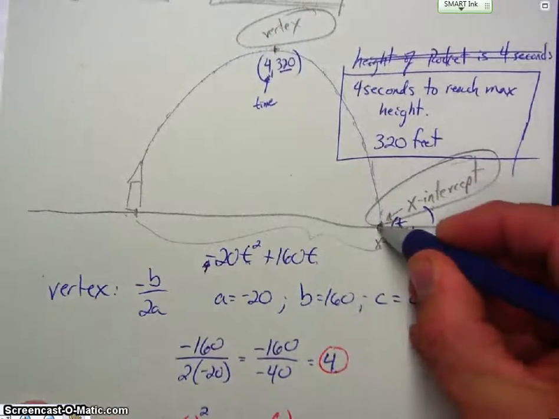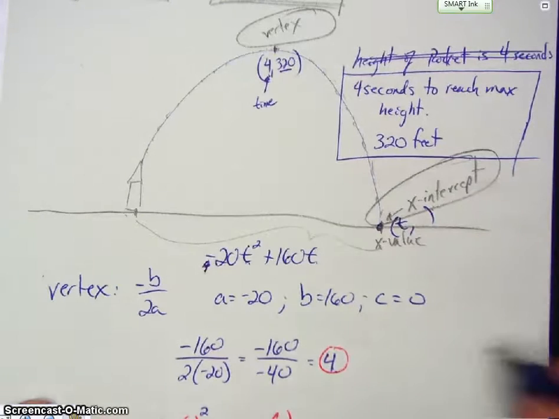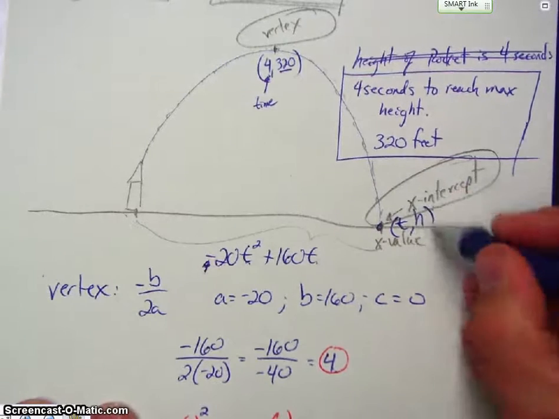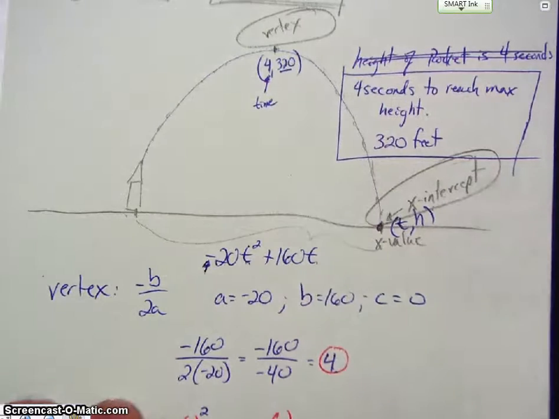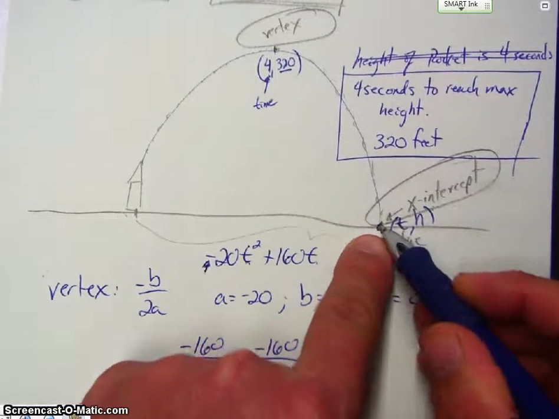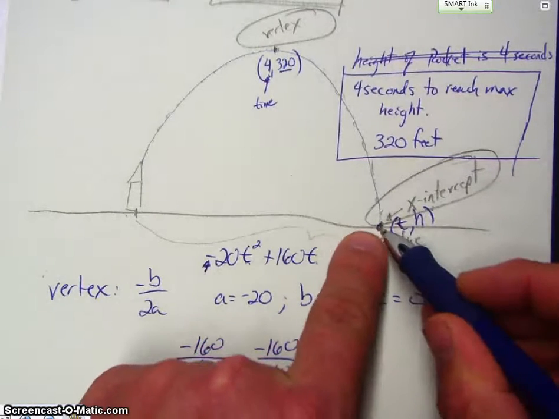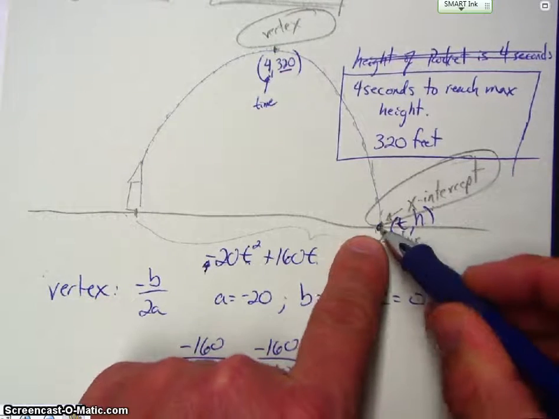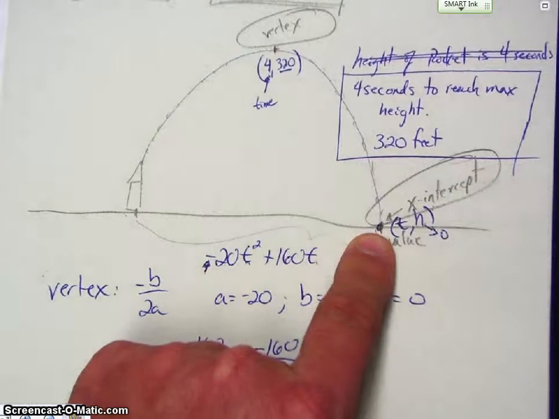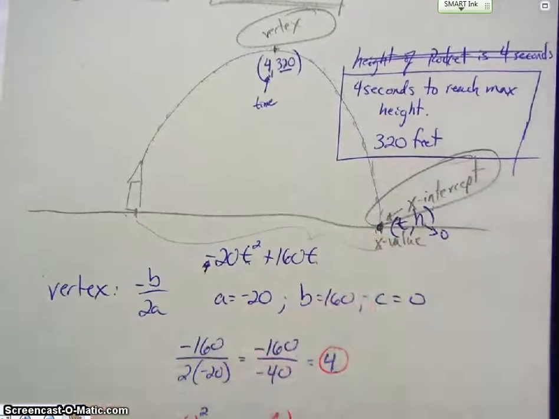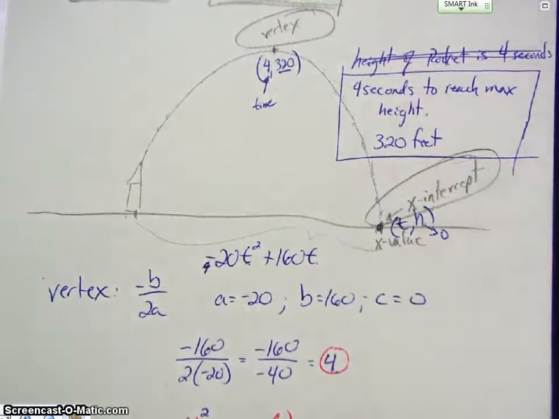Because what's the height? Remember, seconds and height. So if I want to find this point, it's going to tell me how many seconds until it reaches the height here. In other words, the height here is 0. That's why it's called the x-intercept. How long does it take to hit the ground? So that means we've got to find the x-intercepts.